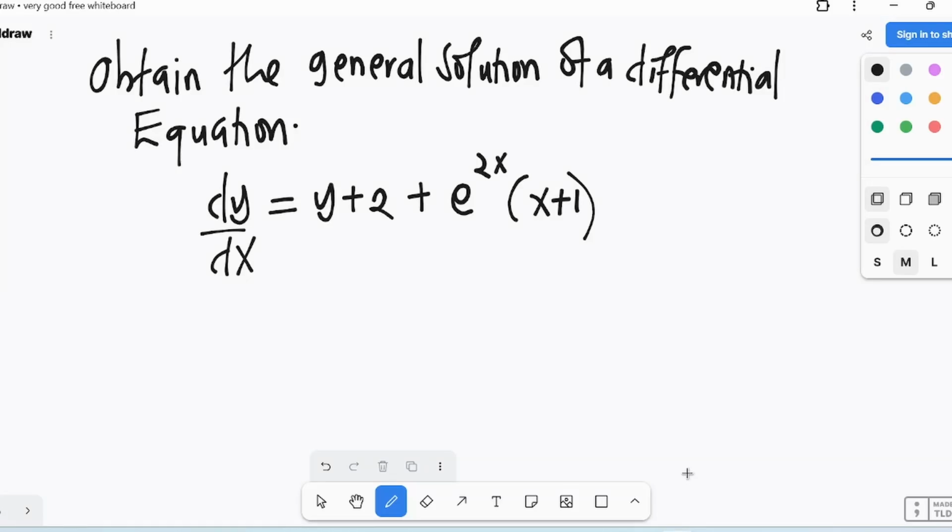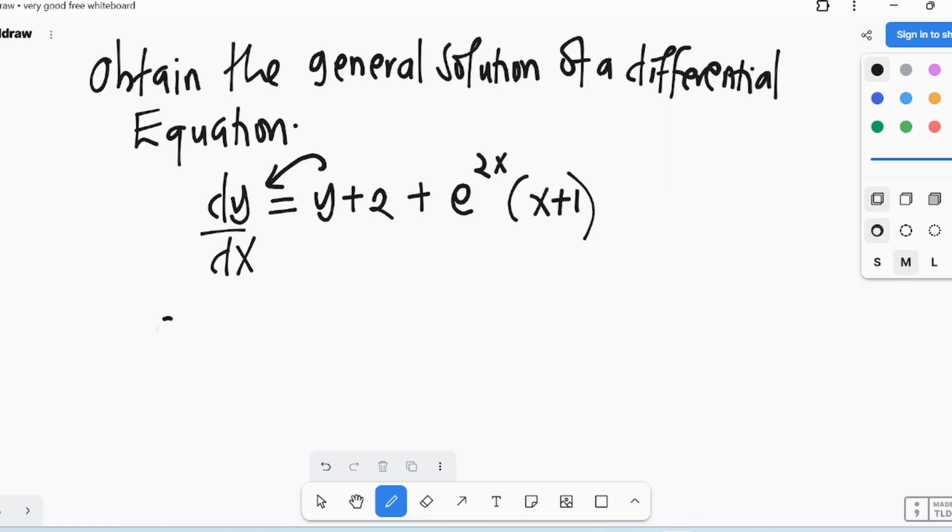In this video, we are going to obtain the general solution of the differential equation dy/dx = y + (2 + e^(2x))(x + 1). Now, how do we begin? If you look at it keenly, we can first take y to the left hand side, such that we can clearly see that it is a linear differential equation.